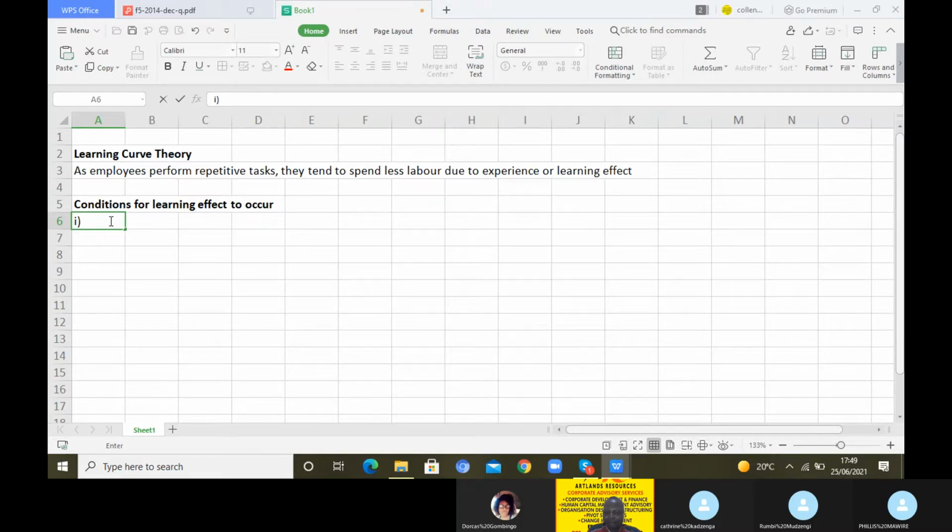Number one, production must be labor intensive and repetitive. That's condition number one. For you to benefit from learning curve theory or from learning effect, production must be repetitive and labor intensive.